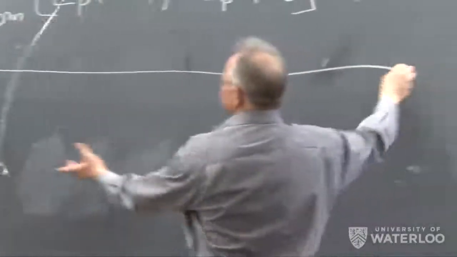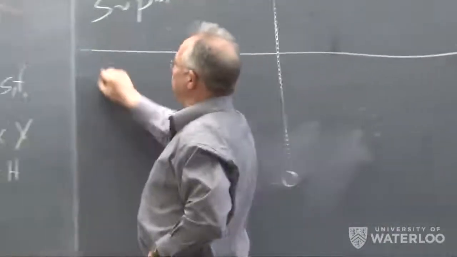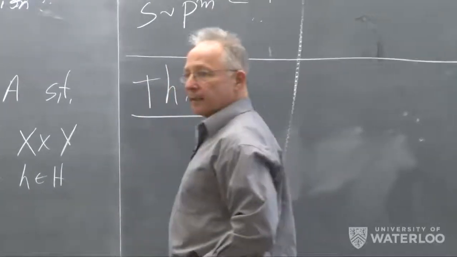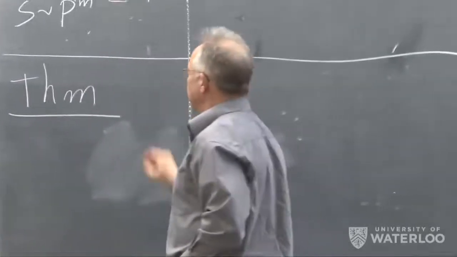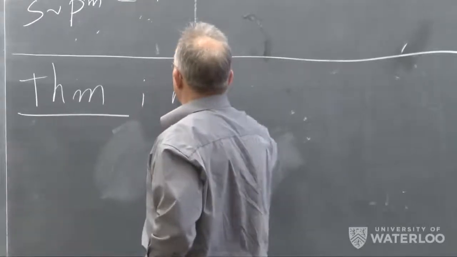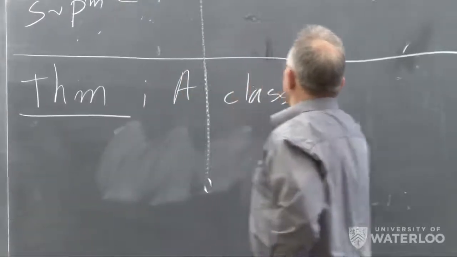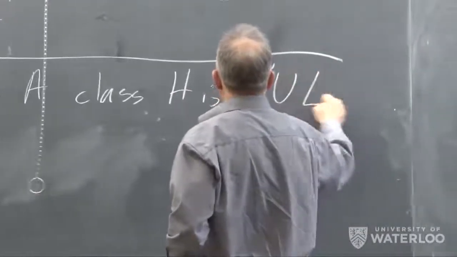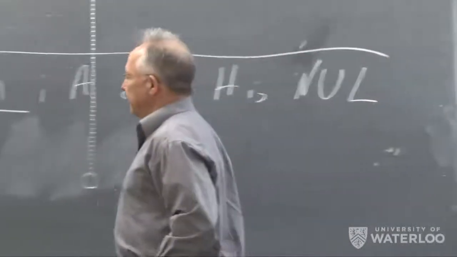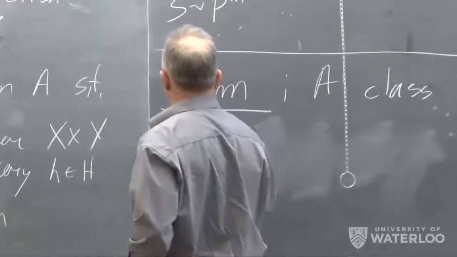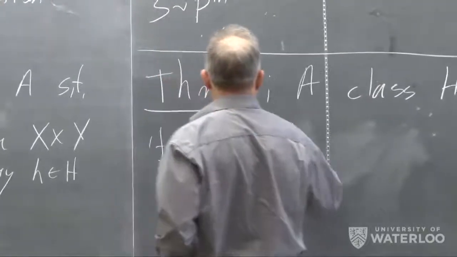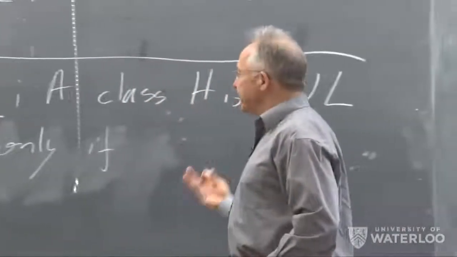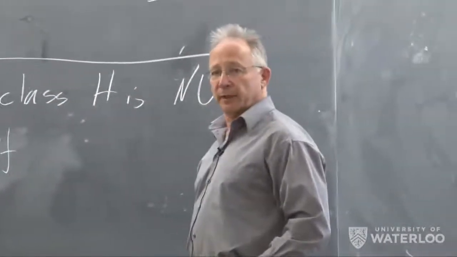And the main thing is that this theorem that we have here characterizes this non-uniform learnability. So it says that a class H is non-uniformly learnable if and only if I can represent it as a union of smaller classes.